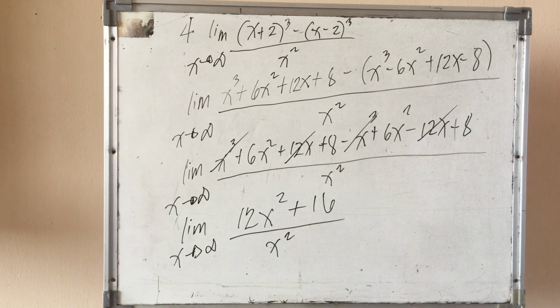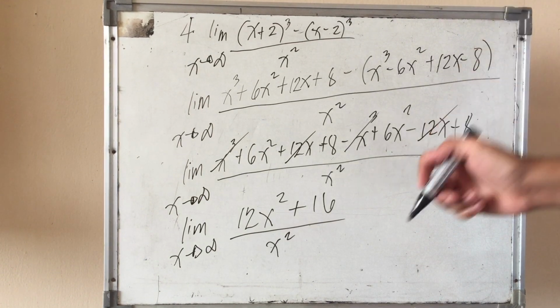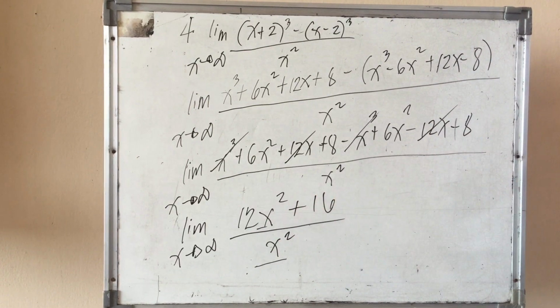From here we can now apply the limits. To find this limit, first divide N(x) and D(x) by the highest power of x. What is the highest power of x? The highest power of x is x squared. So we divide all terms by x squared.